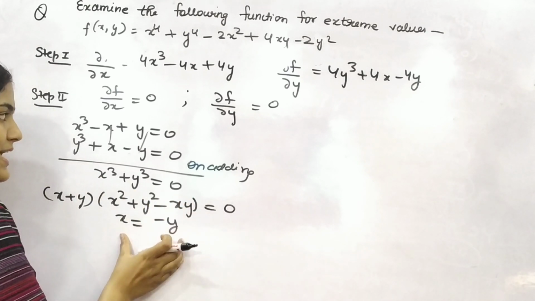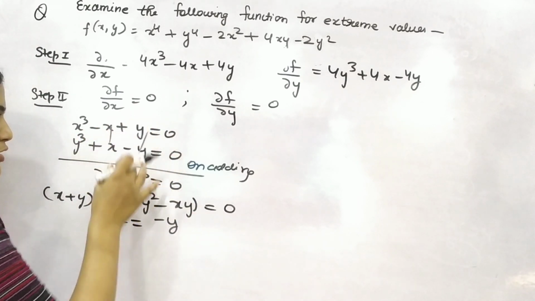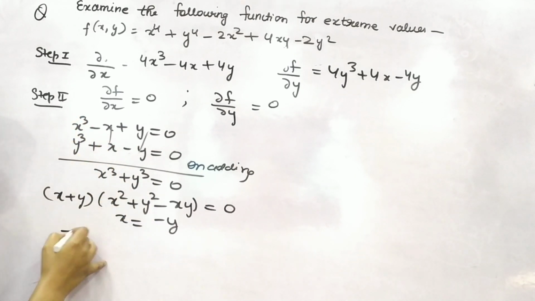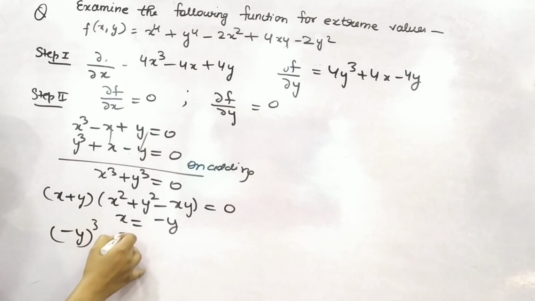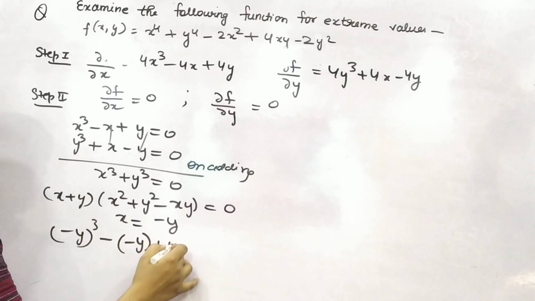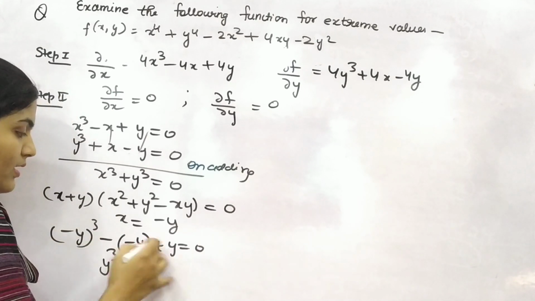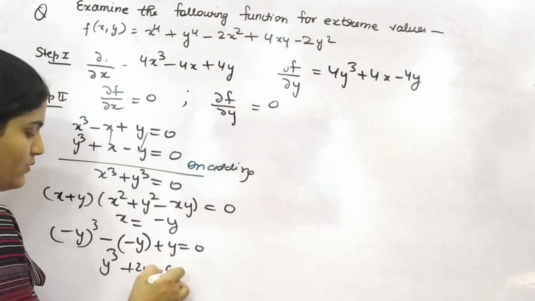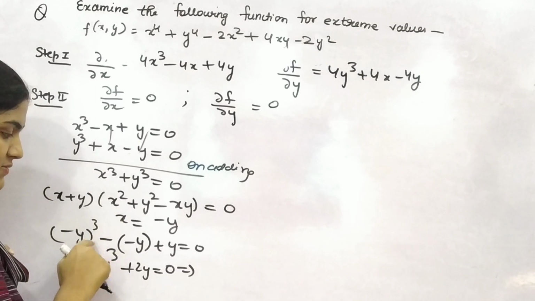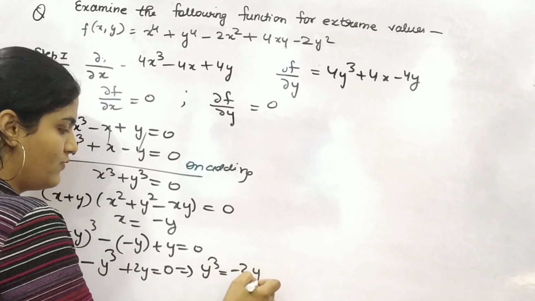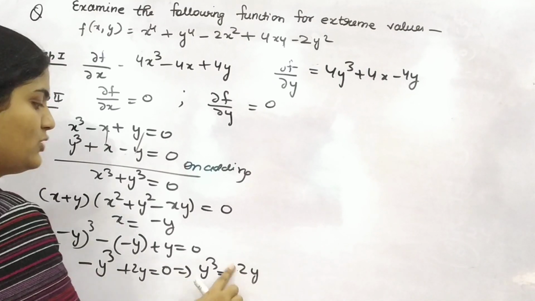Now put x equals minus y into any of these equations. So I'm putting it into the first. So minus y cube minus y plus y equals 0. So you can see minus y cube plus 2y equals 0, so y cube will be 2y, right?